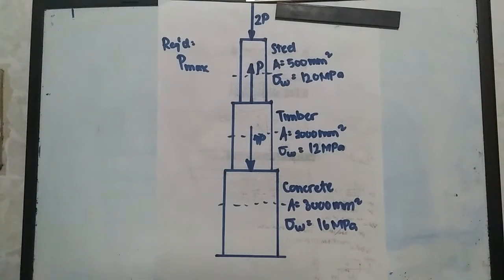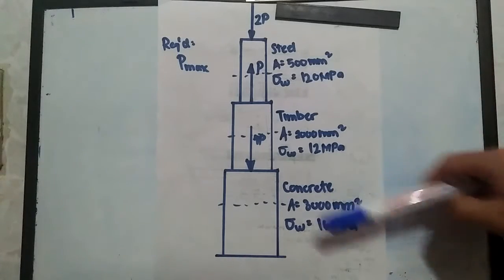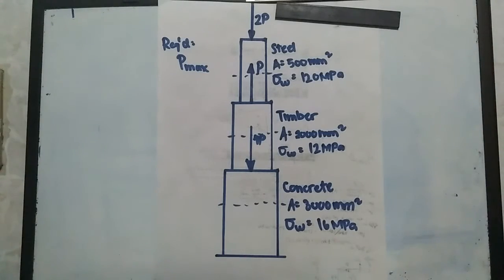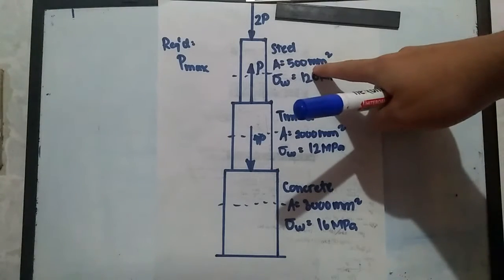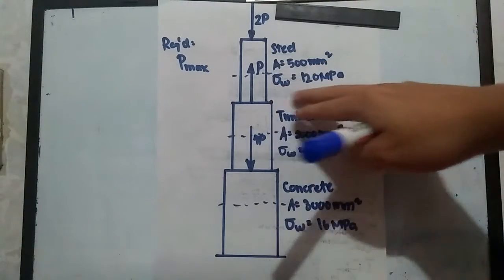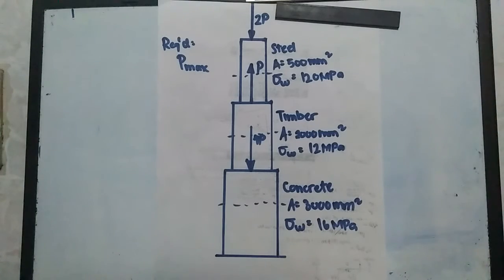This will be another sample problem for axial stresses. For this example, I have here a three-part segmented structure with their own respective parameters. For the steel, we have a cross-sectional area equivalent to 500 square millimeters and a maximum allowable stress equivalent to 120 megapascals.